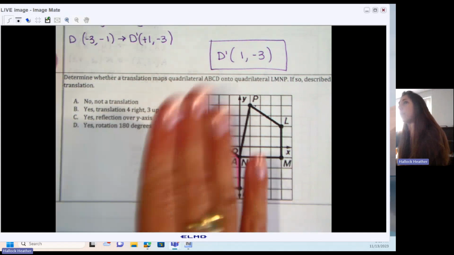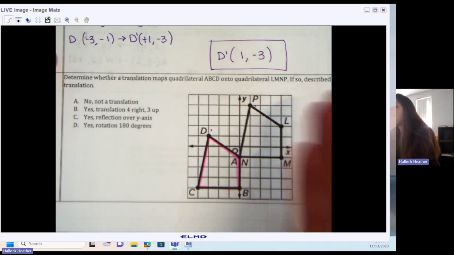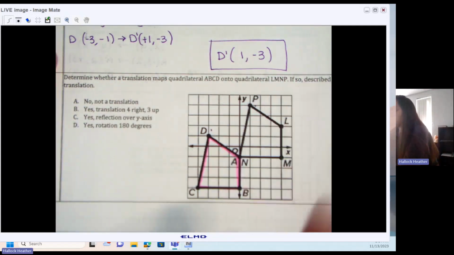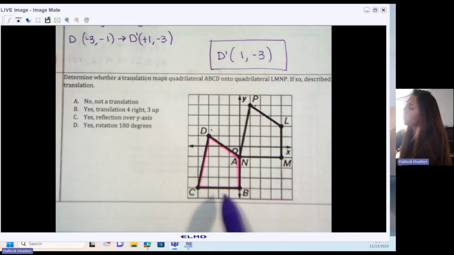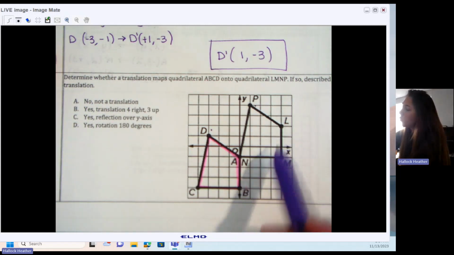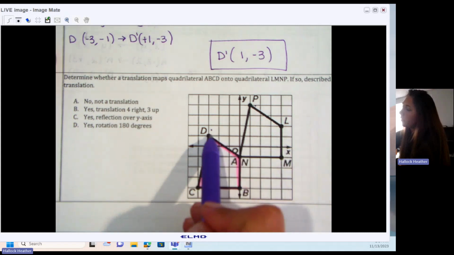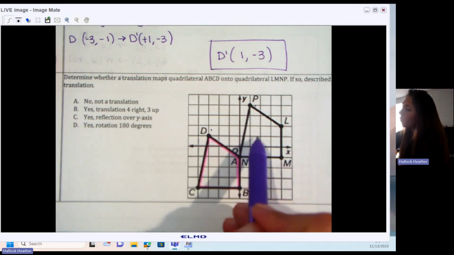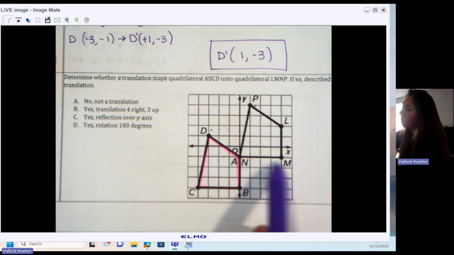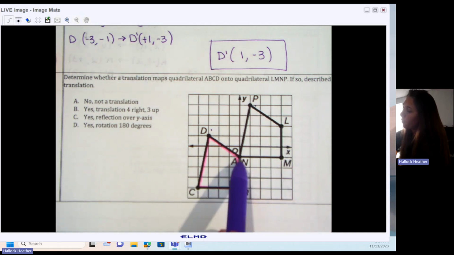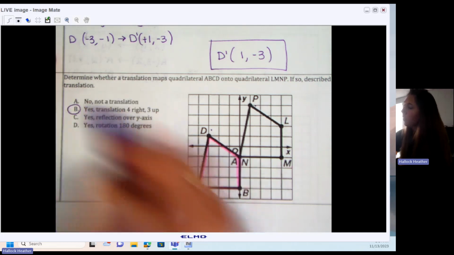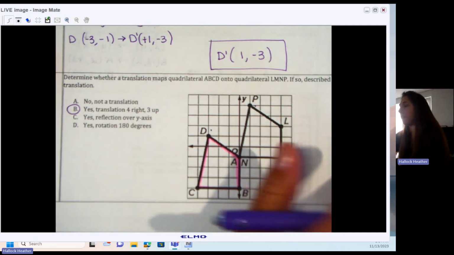A reflection is a mirror image, like reflecting in a mirror. This one is just shifting. This is the easiest one, the one that most people like. For every single point, I'm going right 4, up 3. So this is a translation, just shifting left and right, up and down.